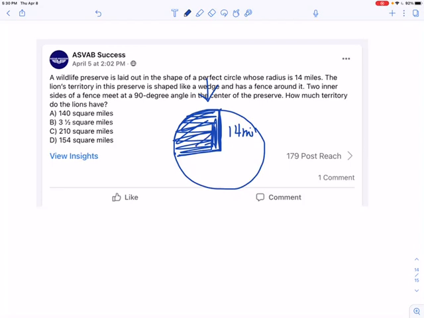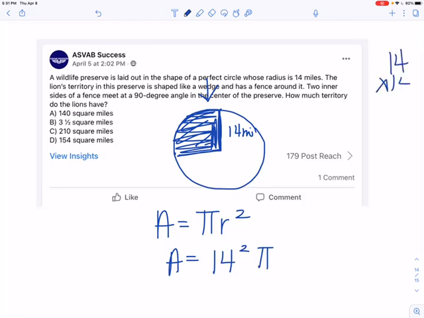How do I find the area? Well, area of a circle is pi times r squared. And we have radius 14. So area equals 14 squared times pi. So now let's square 14, just to make our lives easier.